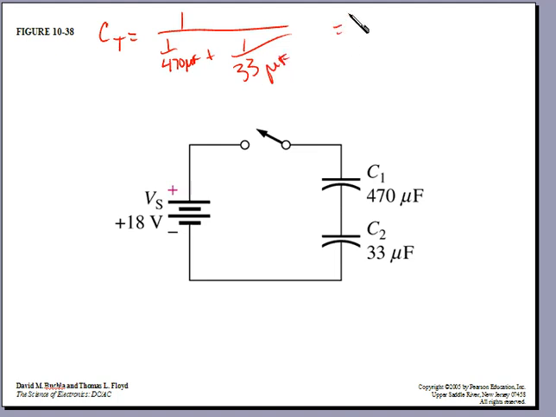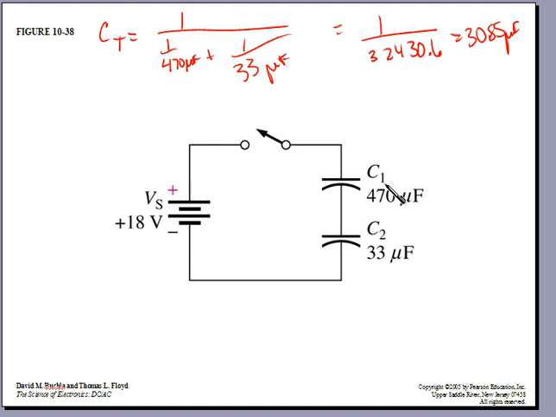So it's 470 EE negative 6, 1 over x plus 33 EE negative 6, 1 over x equals, so it's 1 over 3243.6. Press the 1 over x key. 1, 2, 3, 4, 5, 6, 30.85 microfarads.